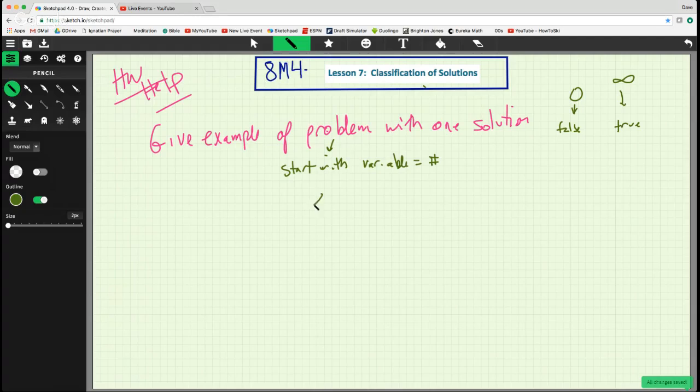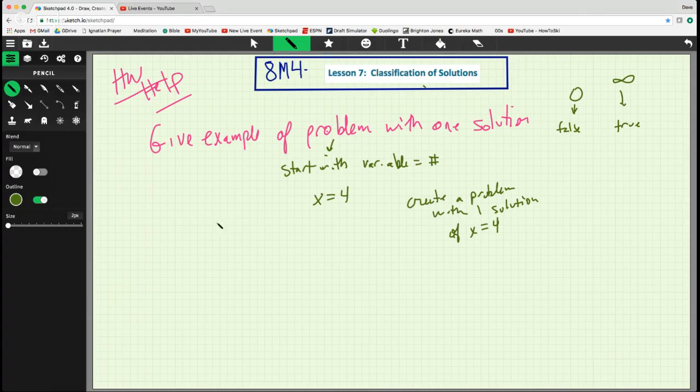So I'm going to start with x equals 4. I'm going to create a problem with one solution of x equals 4. And this is how I build these problems. I do this when I create sample problems for you.